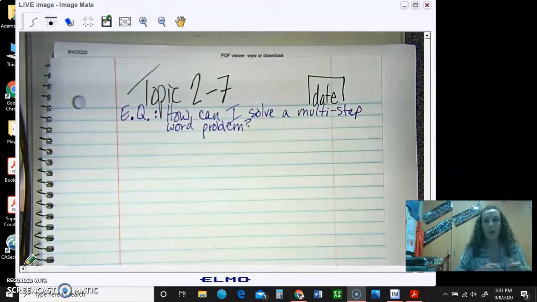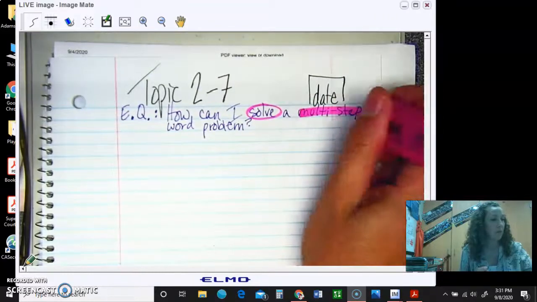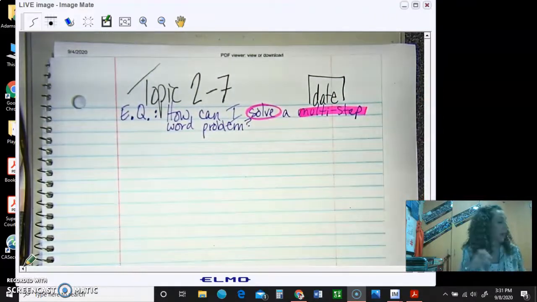I'm going to think about that for a second and pull out something important. We have solve and we have multi-step. As you know, you already took notes on how to do the multi-step, right? When we have multi-step, that means you have more than one type of math that you are going to be doing. So just keep that in mind while we get going on this.